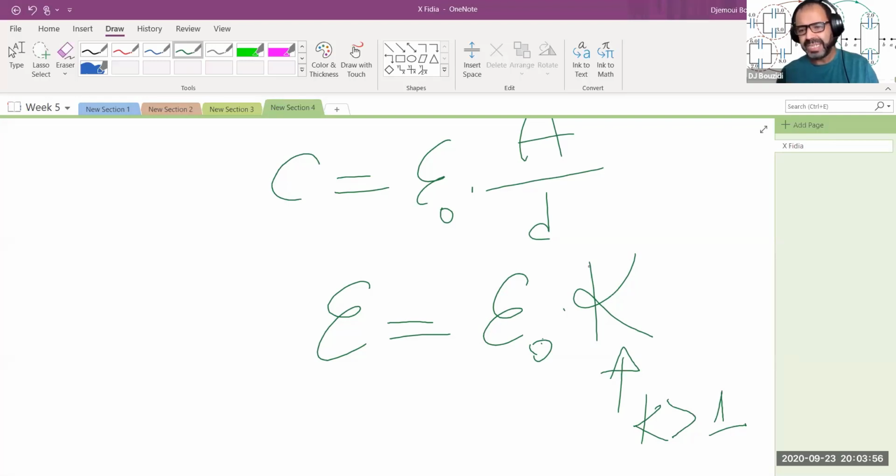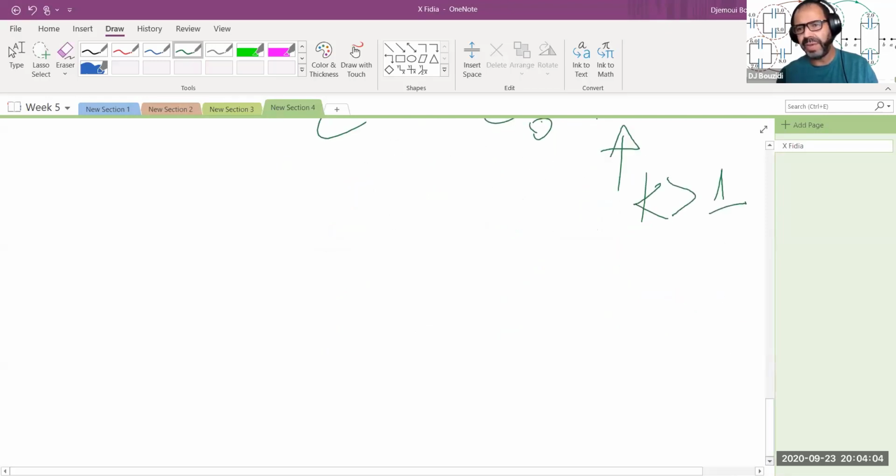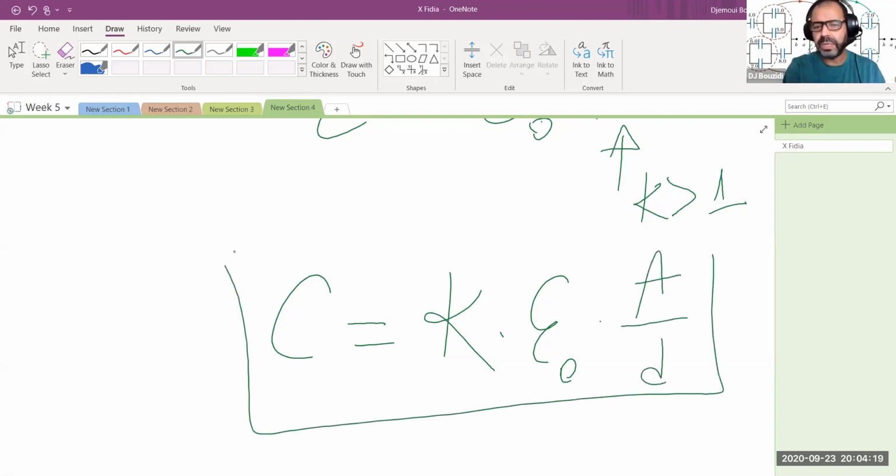So the capacitance, without going through a lot of algebra, is going to be the same thing, except just change epsilon naught to the new value. So the capacitance will be that of the old capacitance, except that I'm replacing the permittivity, epsilon naught, by epsilon. That's basically how the expression for the capacitance is going to look.